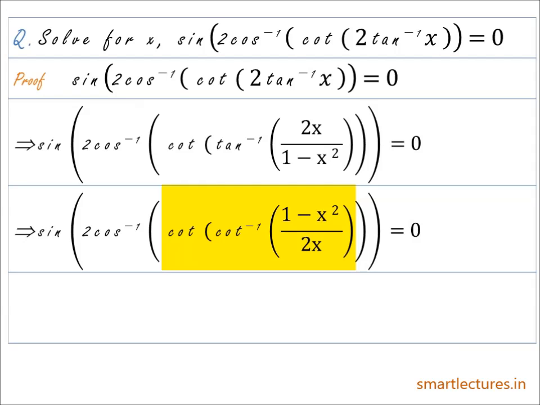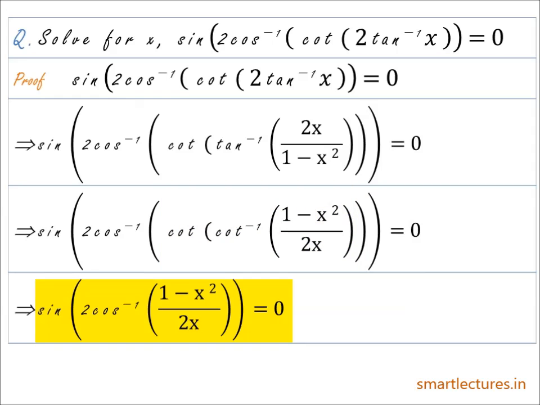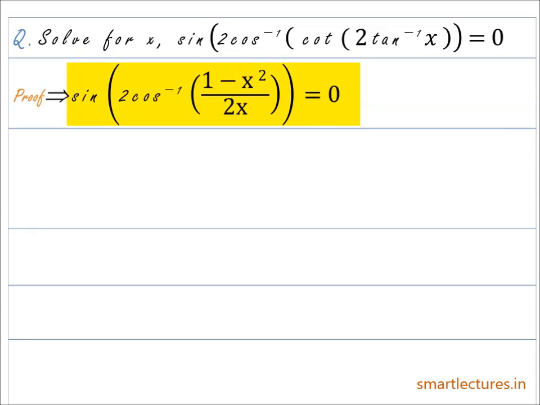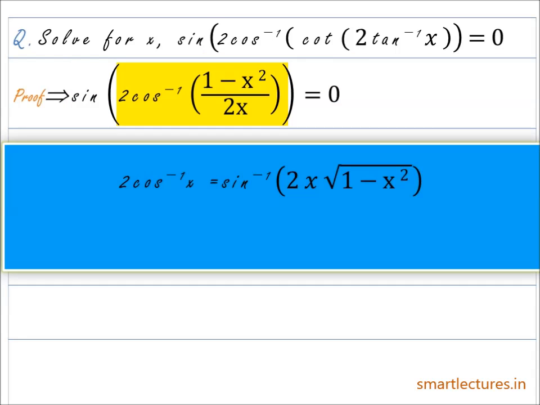And cot of cot inverse x is equal to x. So now the left hand side further simplifies to sine of 2 cos inverse 1 minus x square upon 2x is equal to 0. And also from the properties of inverse trigonometric function, you already know that 2 cos inverse x is equal to sine inverse 2x into square root of 1 minus x square.